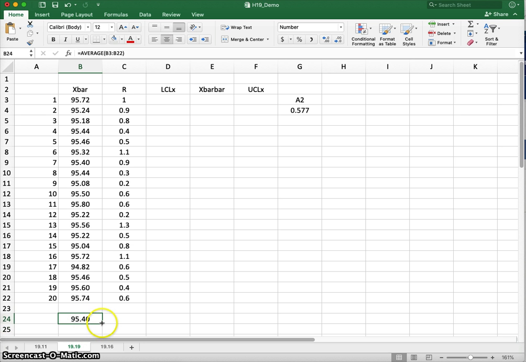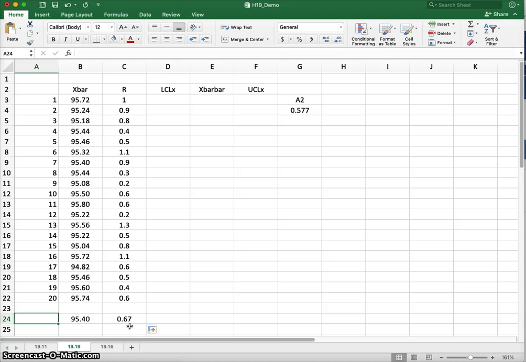And then I want to take the average range between the high and the low reading in each sample. And the average sample range is 0.67. Now I can use those just to apply a formula and figure out where we are.